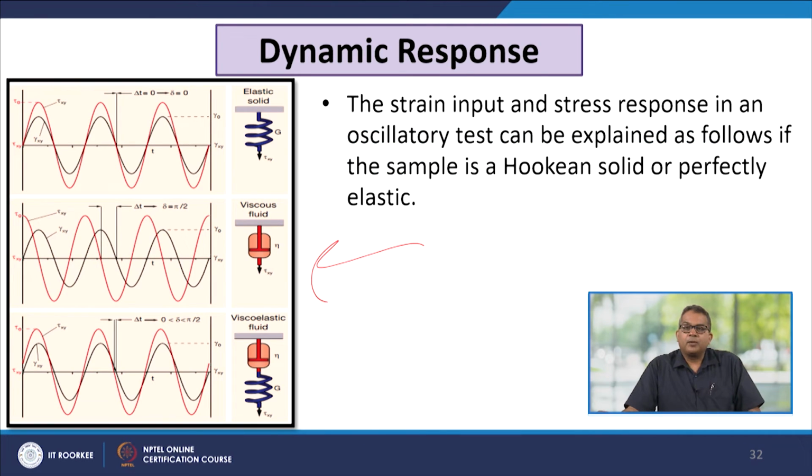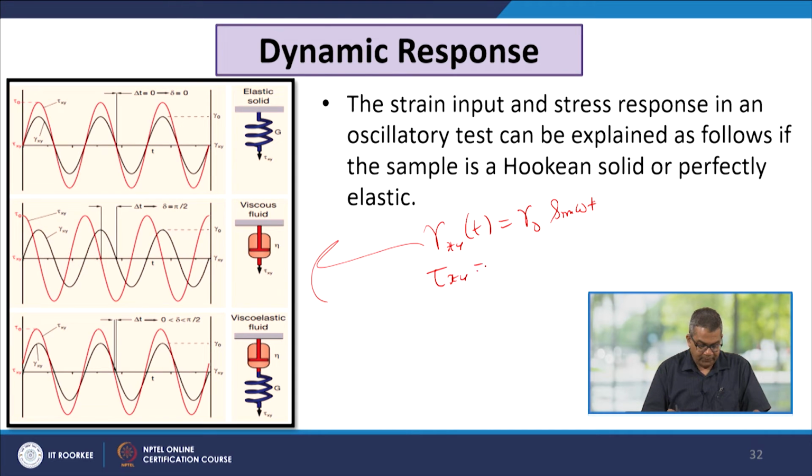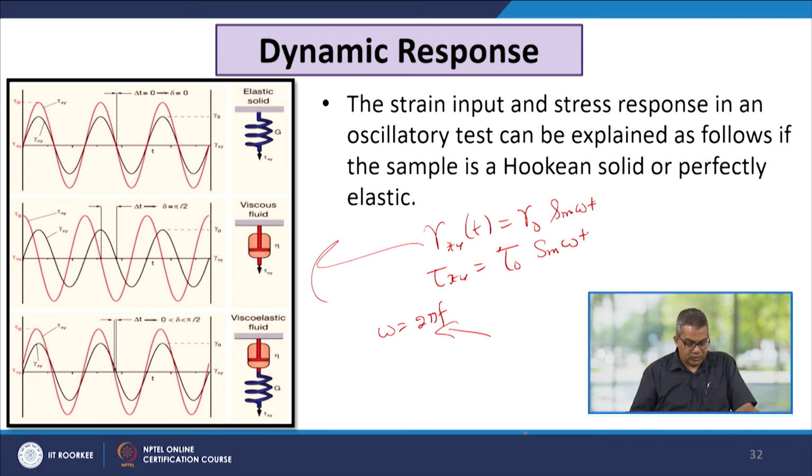The strain input and stress response in an oscillatory test can be explained as follows. If the sample is a Hookean solid, or perfectly elastic, then gamma xy(t) is equal to gamma naught sine omega t, and tau xy is equal to tau naught sine omega t, where t is the time and omega is equal to 2 pi f, with f being the frequency of strain oscillation.